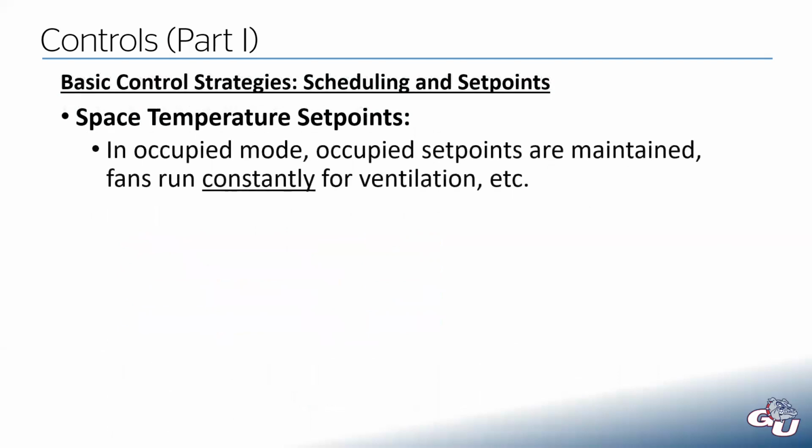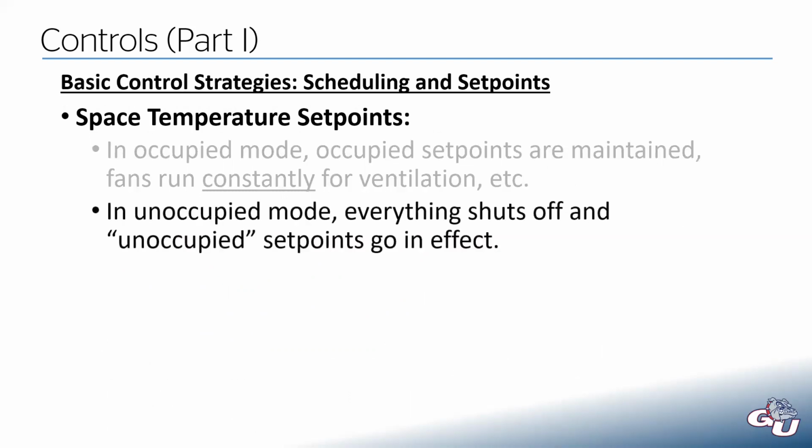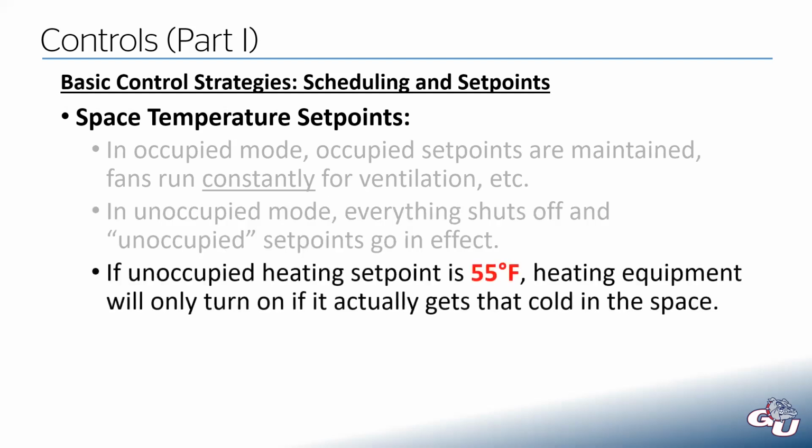When we're in occupied mode, we're maintaining those occupied set points, and our fans are running constantly for ventilation. We always have to be providing that ventilation whenever the building is in occupied mode. And then as soon as we enter unoccupied mode, everything shuts off and our unoccupied set points go into effect. So if our unoccupied heating set point is 55, the heating equipment will only turn on if it actually gets that cold.